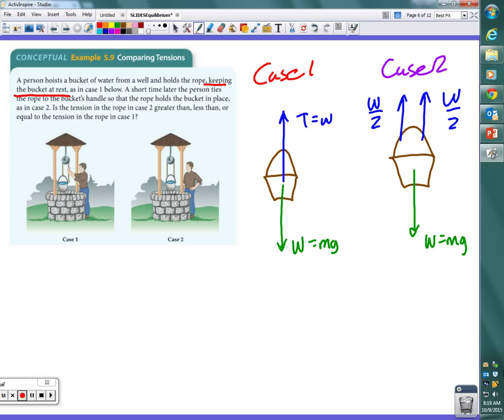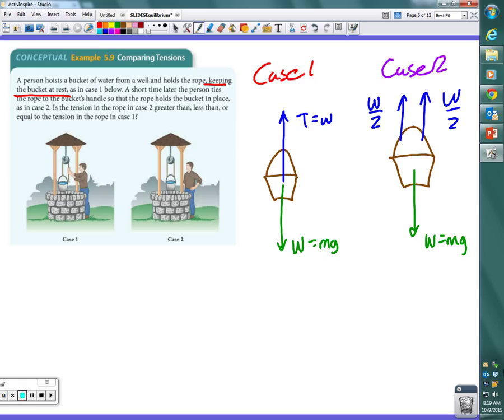But in the end, Ben, the end result has to be what for the bucket? Yeah, it has to be equilibrium, right? We have to have a net force of 0. So the more forces we have in the upward direction, if we're holding that bucket still, we have to meet the condition of net force 0.